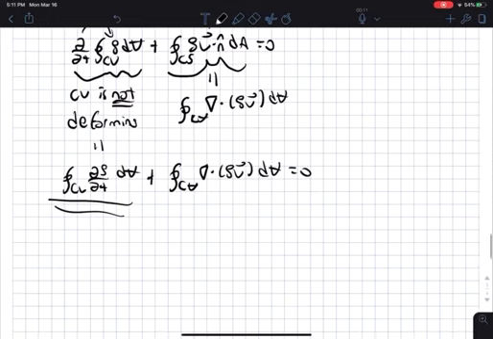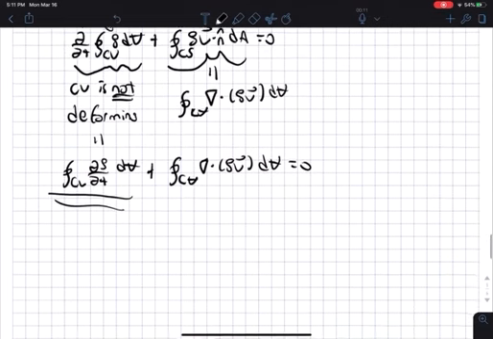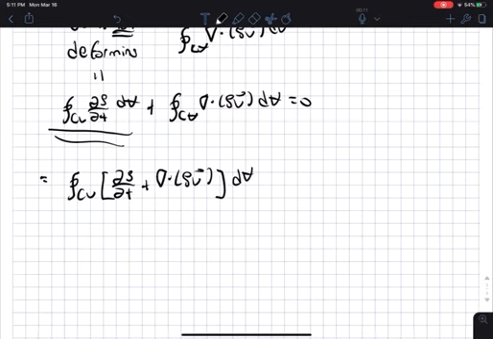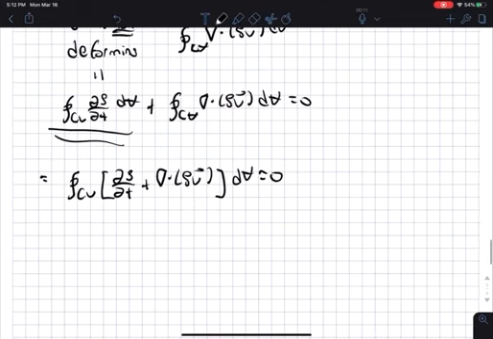Well, we now have two integrals that are over the exact same bounds. We can combine them. This equals the volume integral of partial rho, partial t, plus the divergence of rho v over the volume is equal to 0. Well, in general, it's kind of trivial. We can always make this true by choosing a volume that has no volume, but that's not what we're after here. So the only way in general to make this true is to force the integrand to always be equal to 0.